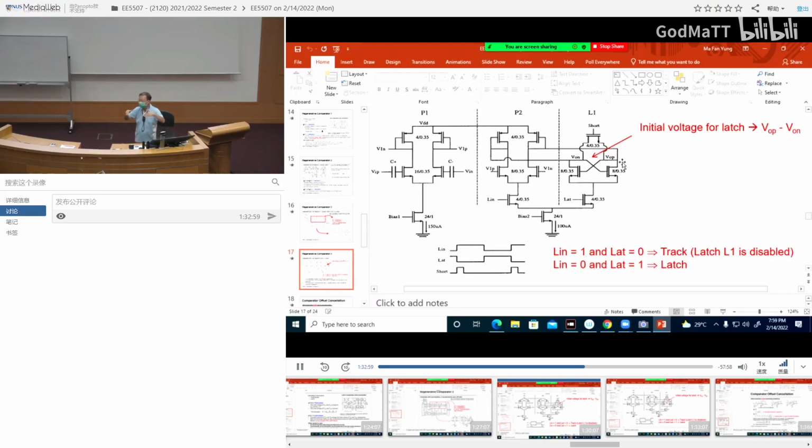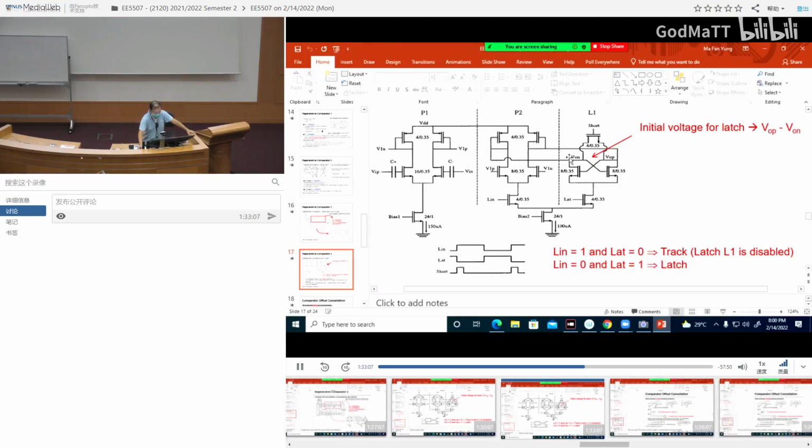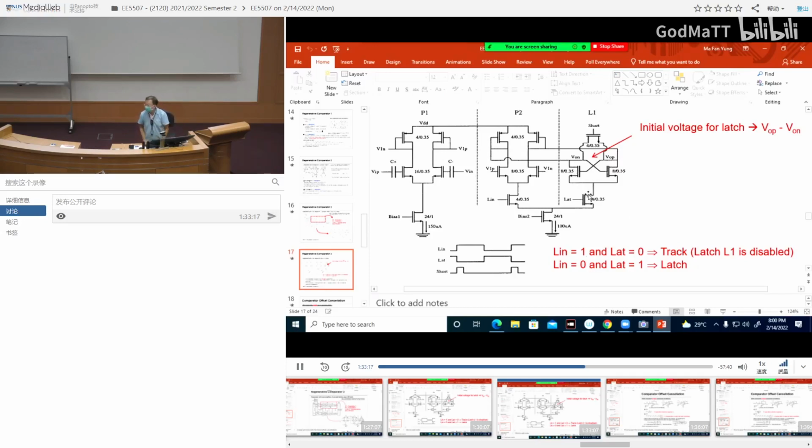Okay? During track phase. Okay? So during track phase, P1 and P2 will generate a voltage difference, VOP, VON, and this voltage difference will be sitting here. Okay? This is off, so this is open circuit. Okay? Alright? Open circuit.